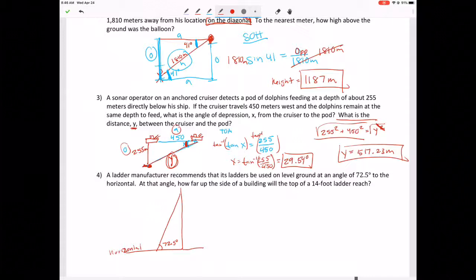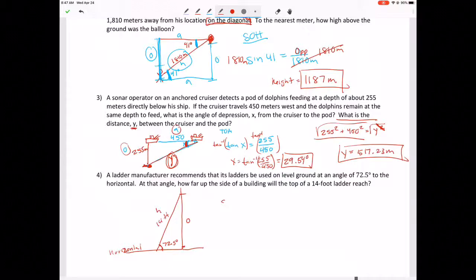At that angle, how far up the side of the building? So we want to find the height of this building, given that the ladder is 14 feet. All right, so here we have our angle. This would be the hypotenuse. We want to find the opposite.